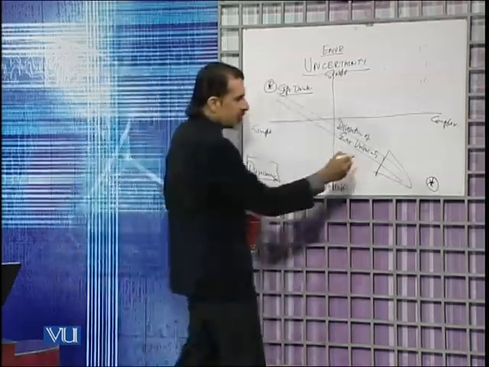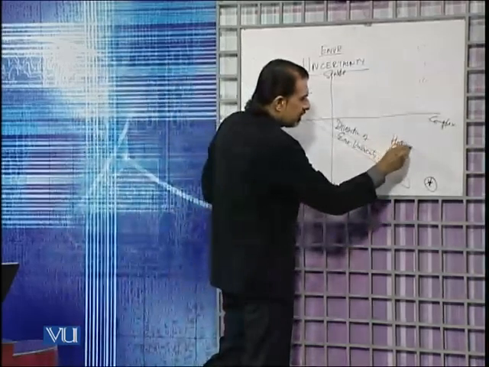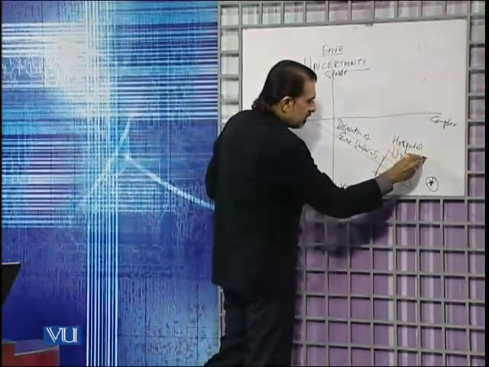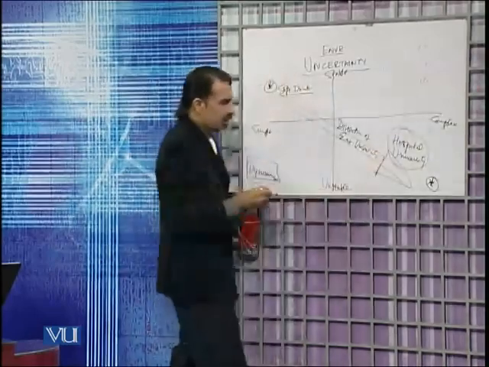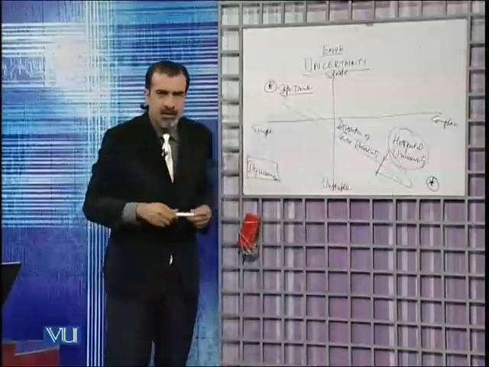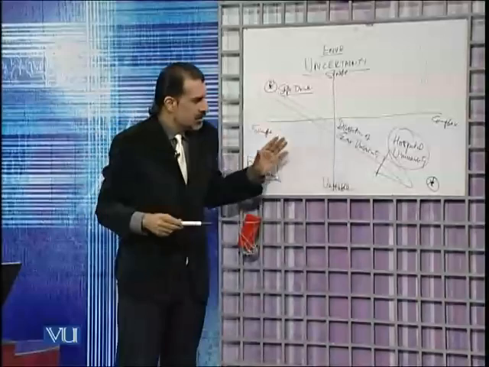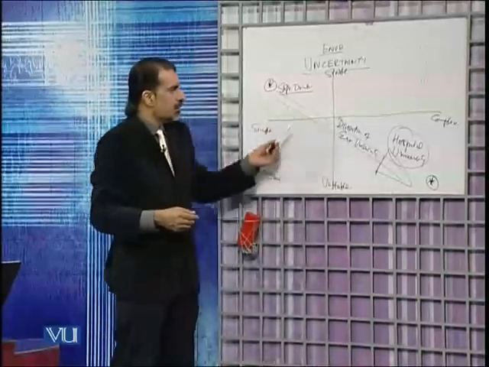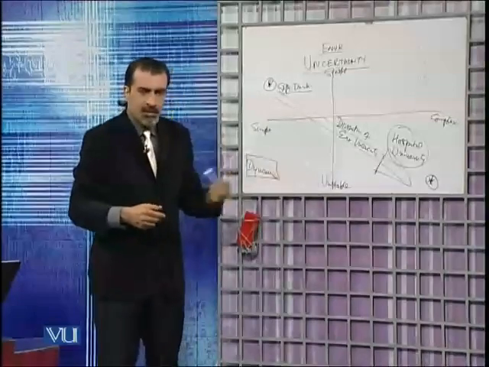But consider a hospital, consider a university. These are complex environments because there are many factors affecting them, and the rate of change of these factors is very quick. And in between there are combinations of stable and complex and simple and unstable environment.